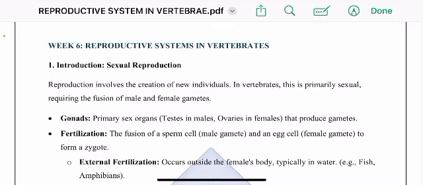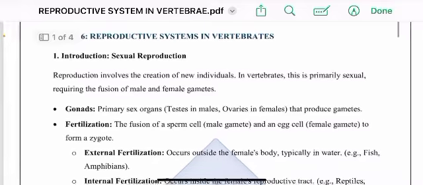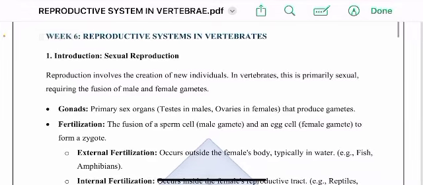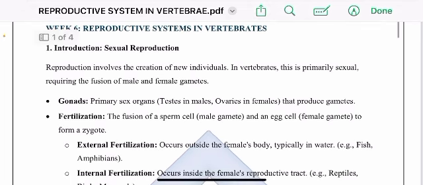And of course, vertebrates engage in sexual reproduction, and it involves creation of new individuals. In vertebrates, this is primarily sexual, meaning the meeting or fusion of the male and the female gametes.